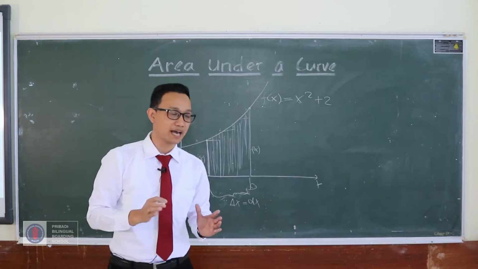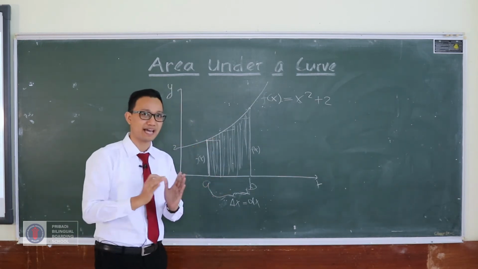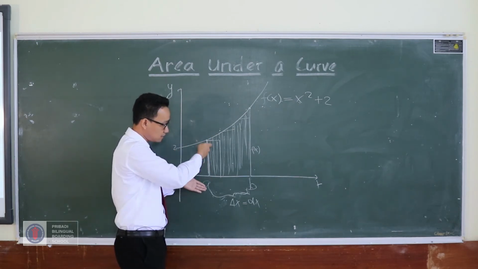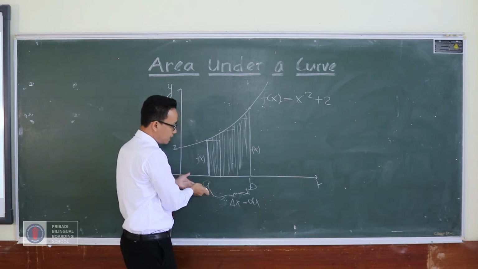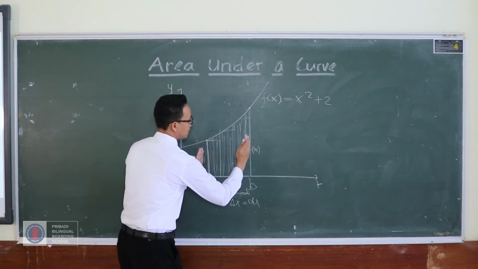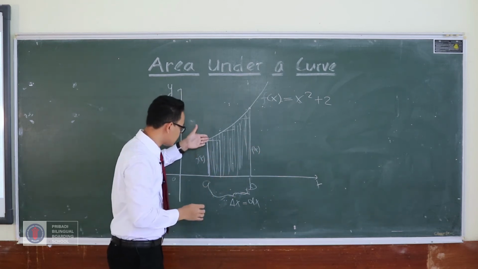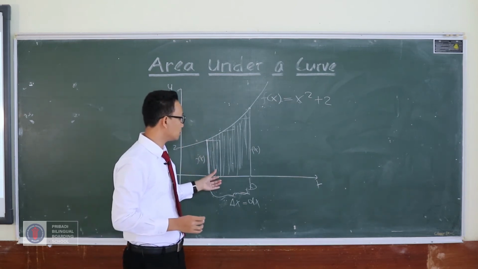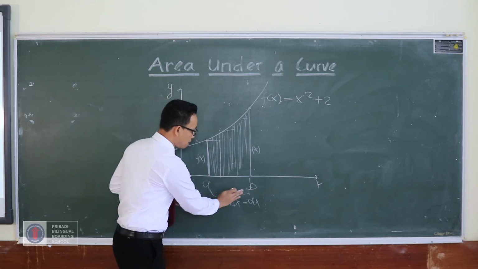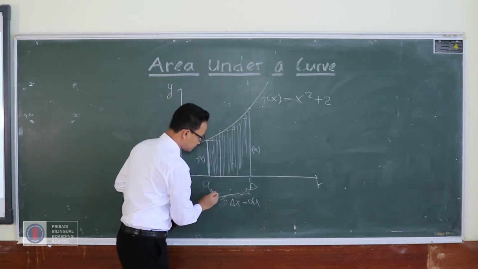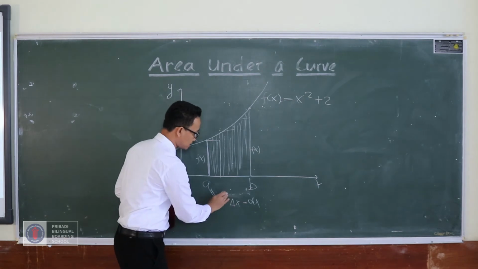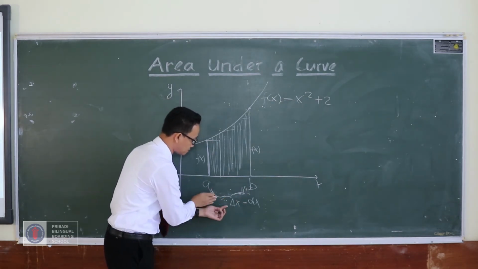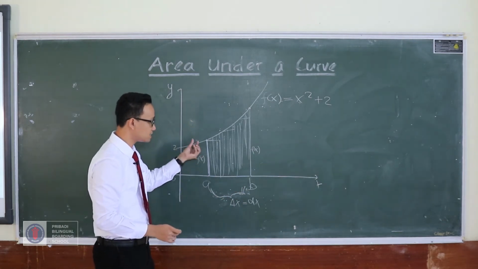So to find the area of this shape, you have to add every slice, this vertical line, from a to b, right? We add the area, and for each slice we can find the area by the area of a rectangle, because we just multiply the base and the height. So the base is delta x, and the height is f(x).